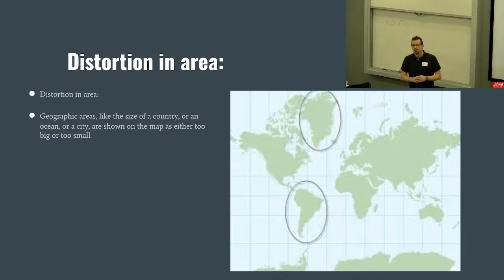Greenland is very difficult to get an accurate idea of how large the landmass actually is. So remember, the distortion in area occurs, just like direction, because of the curvature of the Earth. It is difficult to take a curved surface and put it in something as flat as a lab manual without messing up the scale or stretching it.